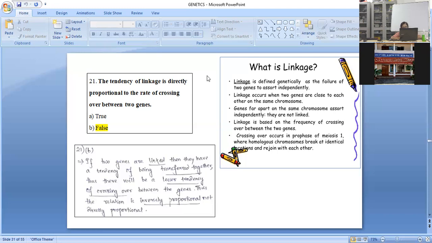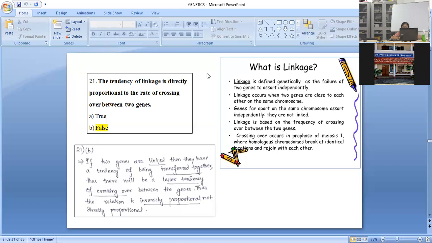With this particular concept in mind, we can have various objectives over here. Definition, we can make a little bit of changes. We can define linkage in 4 different types and ask a student to find out which is the most appropriate one. We can put the question based on the frequency of crossing over: directly linked, indirectly linked, increases, decreases, that can be options.